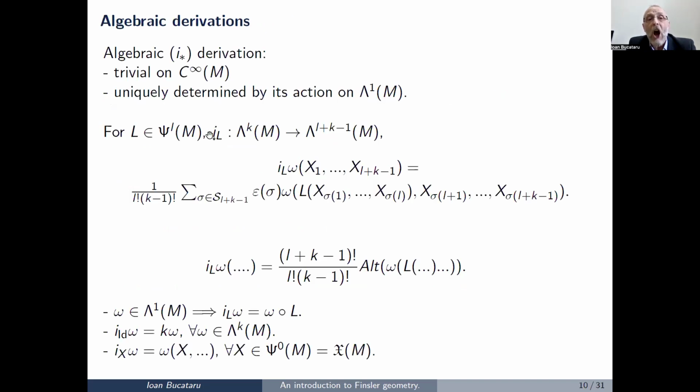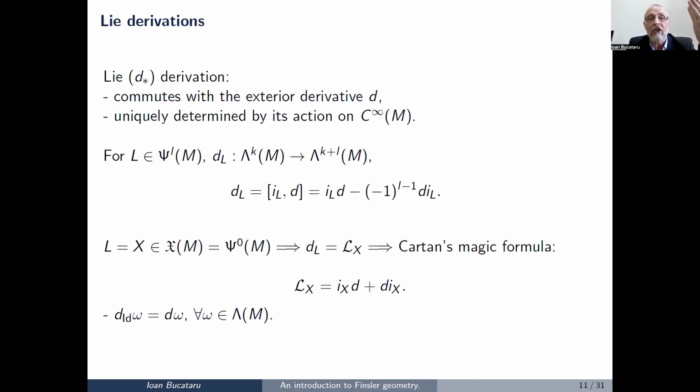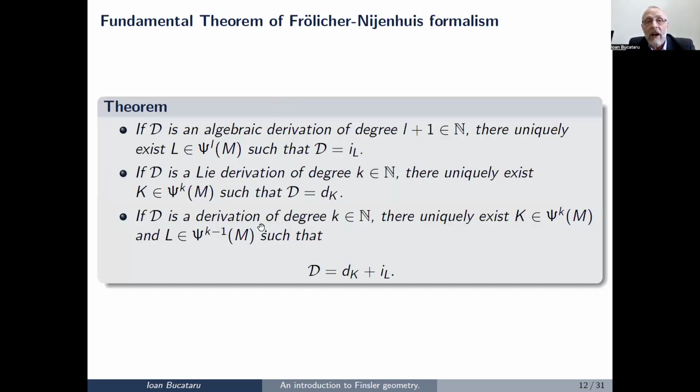So far, I gave you examples of derivations induced by vector valued forms: algebraic derivations and Lie derivations. The fundamental theorem of Frölicher-Nijenhuis tells us that any algebraic derivation is of this form, so there is nothing else. Any Lie derivation is of this form.